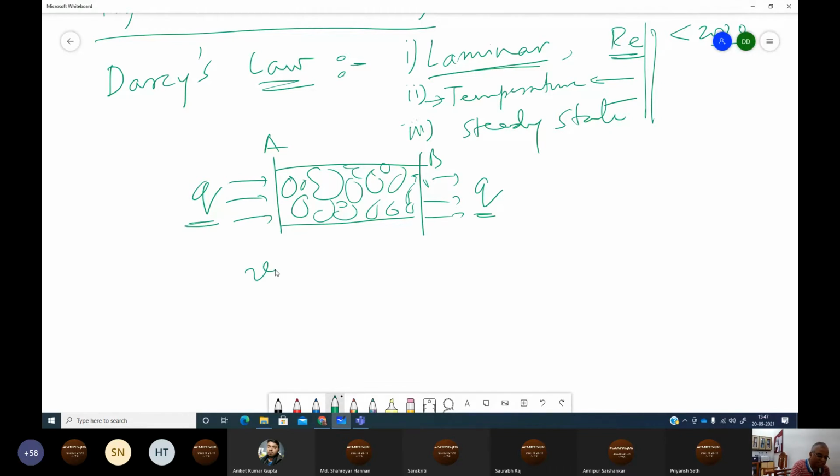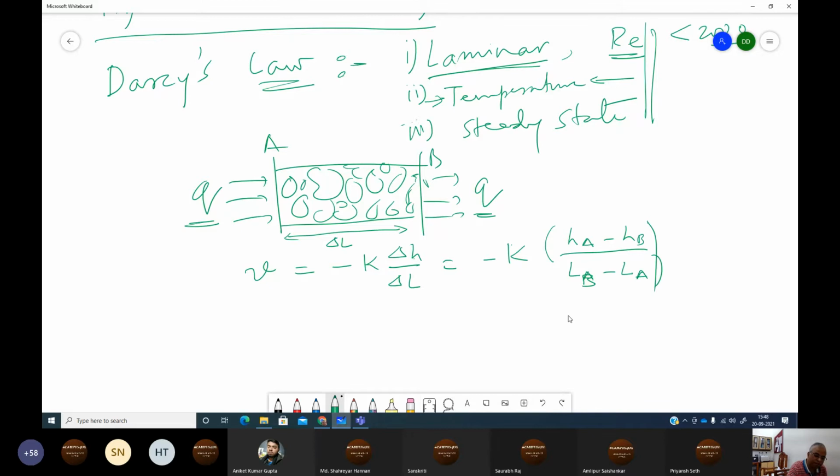So the velocity is minus some k, we write delta H by delta L. Let's say this is delta L. And del H is the difference in pressure. So if I have to write this explicitly, it is HA minus HB by LB minus LA.